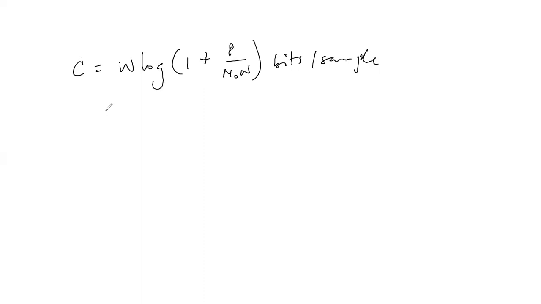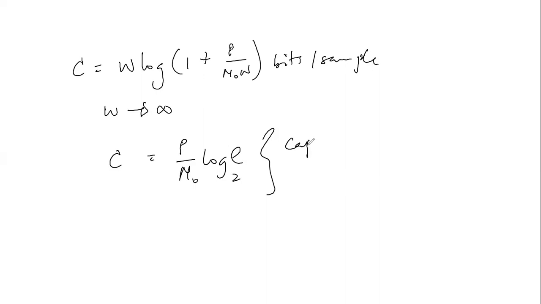Okay, so when the bandwidth is infinitely large, then the capacity will reduce to P over N0 log base 2 of e. And then the capacity of a channel with infinite bandwidth is therefore given as this.